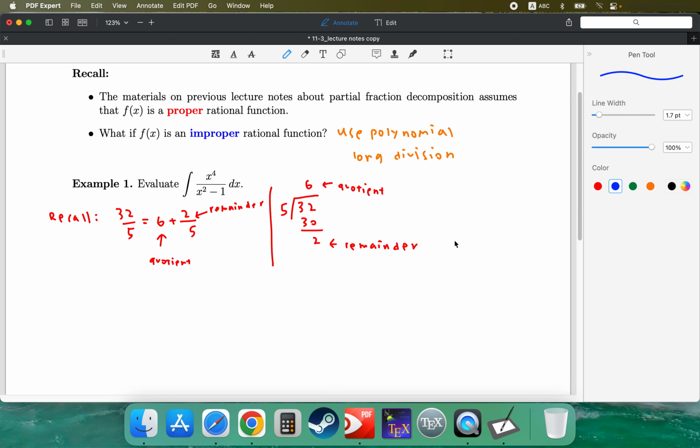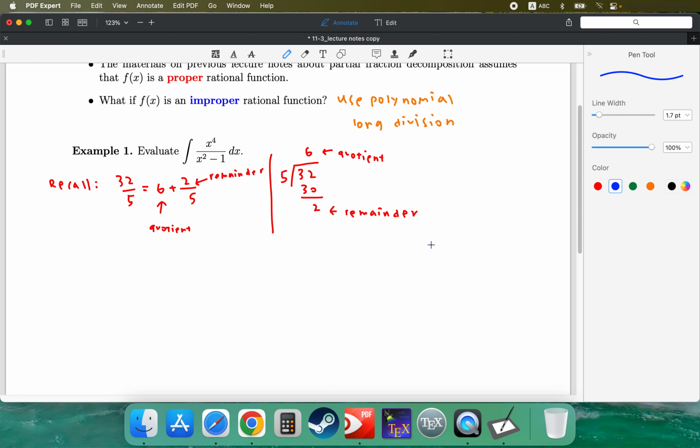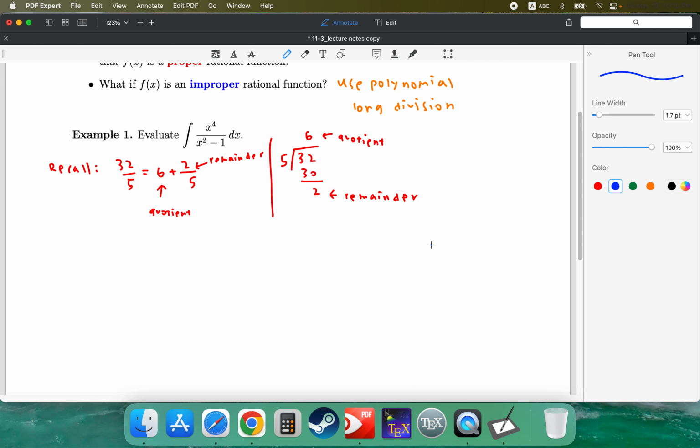Now one thing you need to be careful about is that when we perform polynomial long division, we like to fill in those missing terms. What does that mean? Right here you have x squared minus 1, so we will put a 0x in between.